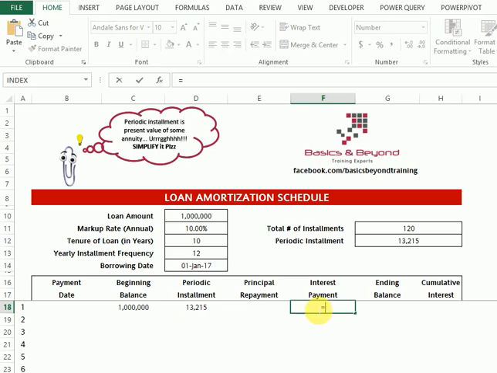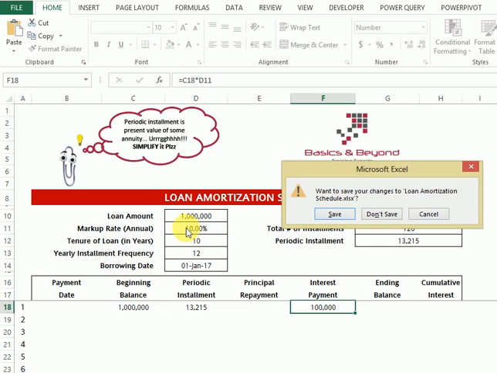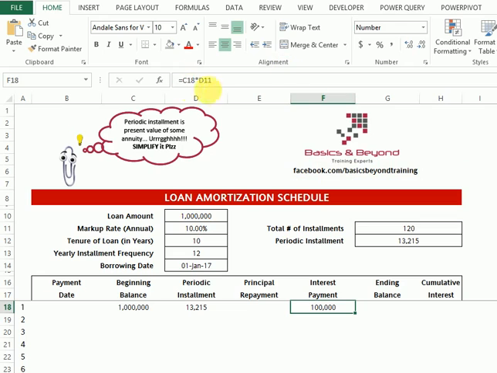The interest payment will be the beginning amount multiplied by the annual interest rate divided by the frequency.